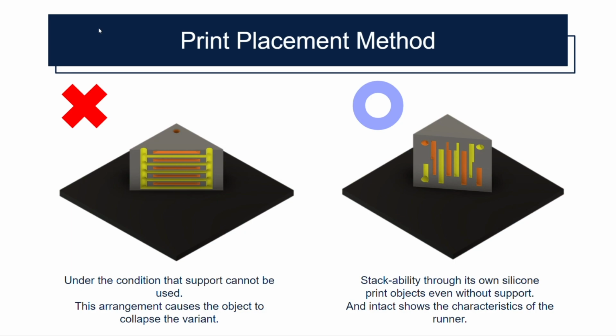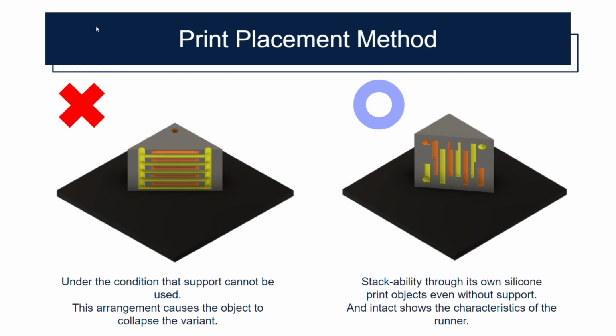Let me elaborate. We can use the method on the left to print, because that method couldn't use support material. The placement could cause the middle part to collapse. If we use the method on the right, we could utilize the stackability of silicone to print without support material.